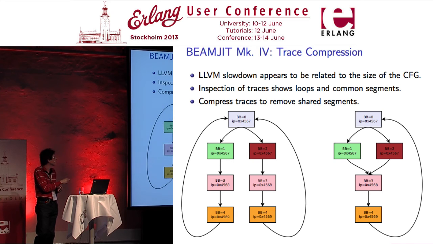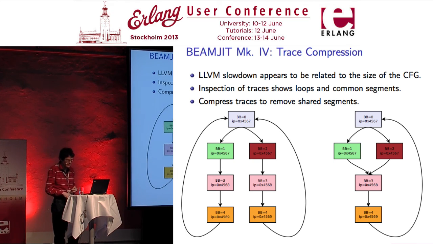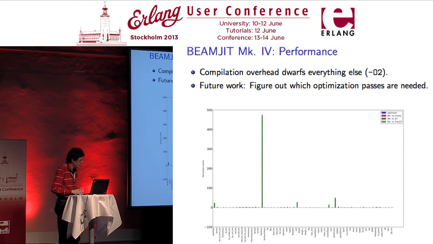So you actually make an explicit branch to the two parts and then merge it back together, so that way we can at least reduce the number of basic blocks we hand off to LLVM. Still, the compilation overhead pretty much dwarfs everything else.